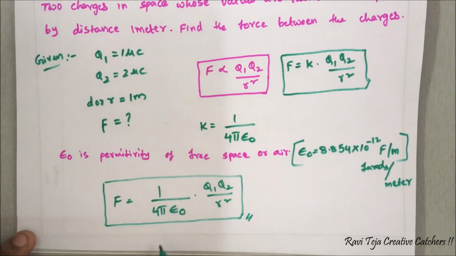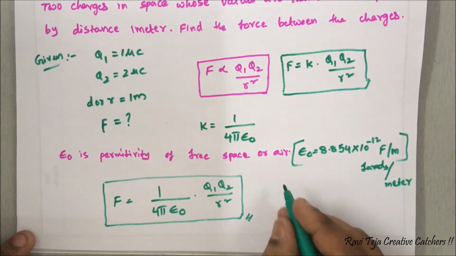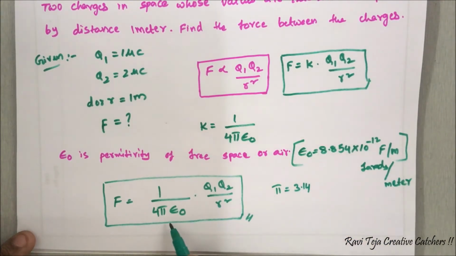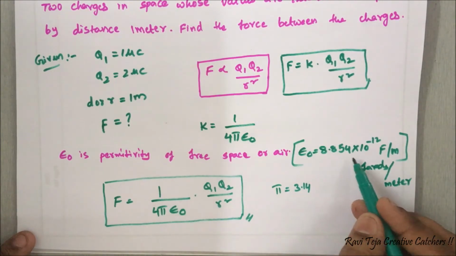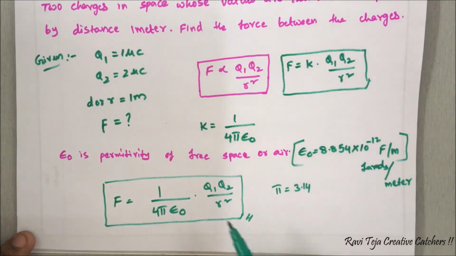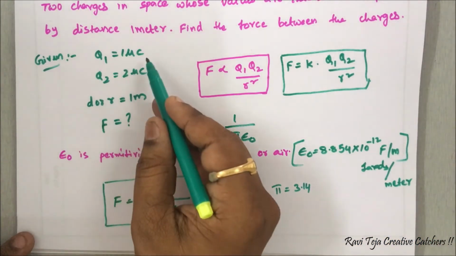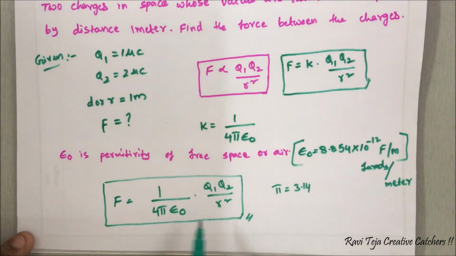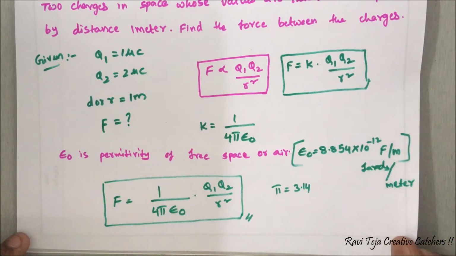Now, pi we can write as 3.14, and epsilon naught we have 8.854 into 10 power minus 12 farads per meter. We have values of Q1 1 microcoulomb, Q2 2 microcoulomb, and R is 1, so we can write 1 square. Let's substitute all these values in this formula.